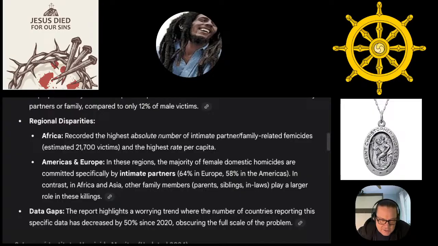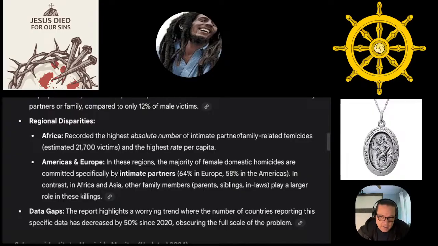In contrast, in Africa and Asia, other family members, parents, siblings, or in-laws play a larger role. That's kind of interesting. I thought it would be much higher actually.